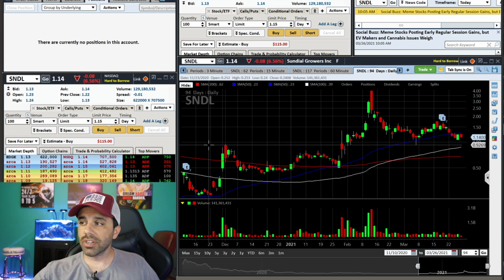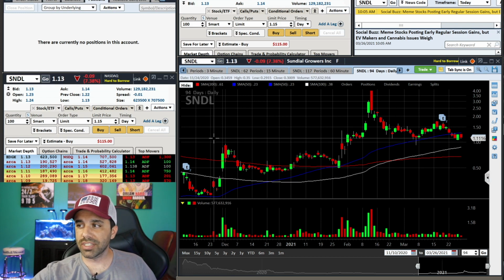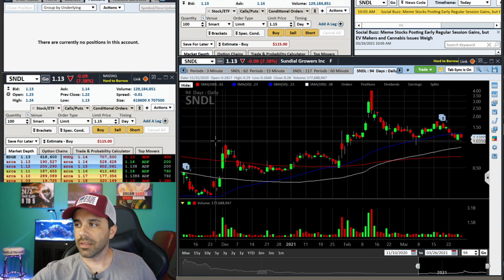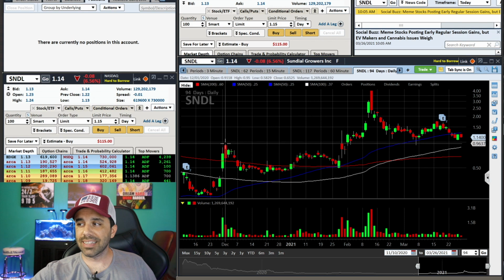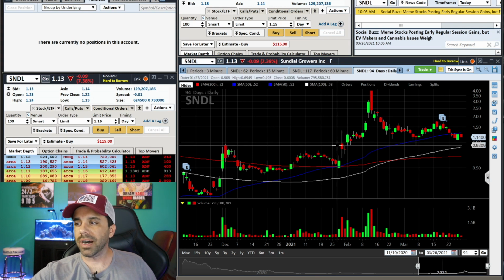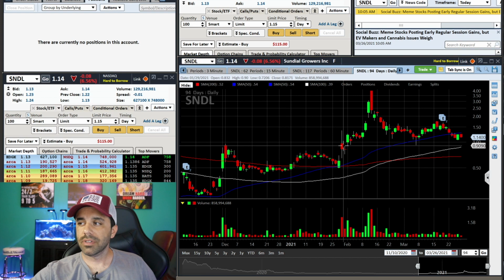All right, so those are the levels that I think are important to watch on SNDL. You gotta watch that dollar level. If that dollar level cracks, you gotta watch the 90-cent level, which coincides with this previous top back here and some bottoms in here. You can see these bottoms to the right, and that 100-day moving average.